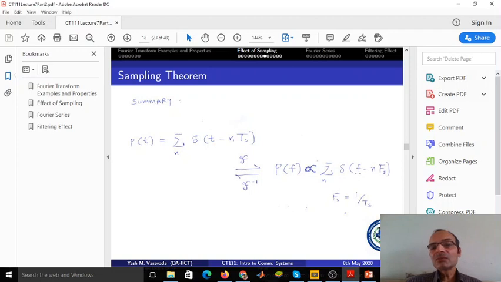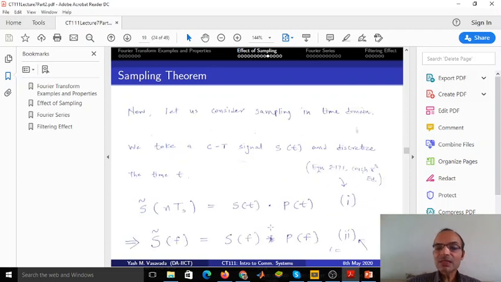But it doesn't get moved only one time. It gets moved there an infinite number of times, at each integer multiple of F of s, because this convolution is happening on each individual Dirac delta function inside this capital P of f.